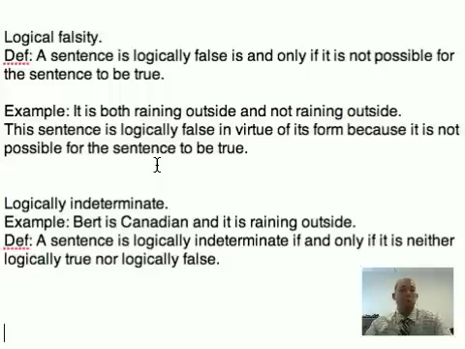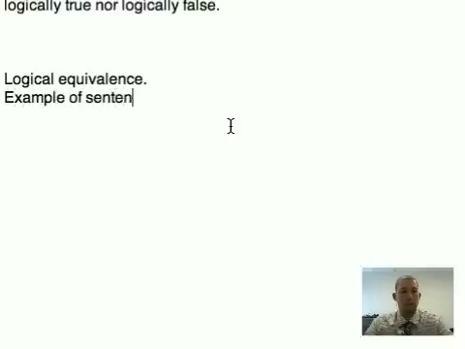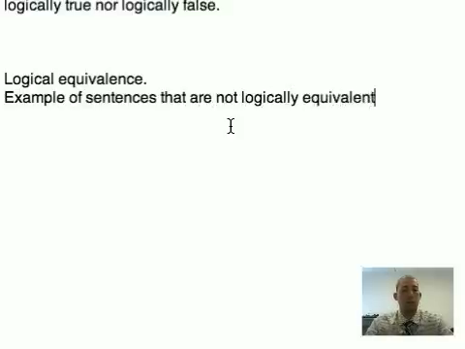Okay, and we have one more concept to cover, which is called logical equivalence. So let me move this up a little bit. Okay, so some sentences will be the same with respect to their form. So, for example, here's two sentences that are not logically equivalent.